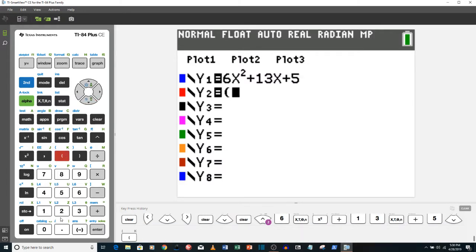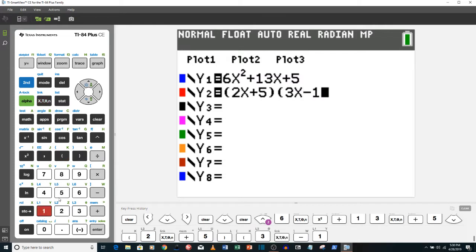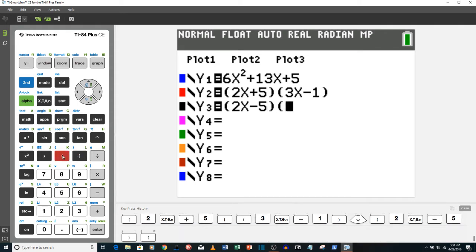Open paren, 2x plus 5, close paren, open paren, 3x minus 1, close paren, down arrow, open paren, 2x minus 5, close paren, open paren, 3x plus 1. I'm just pulling these answers from the answer choices, and now I'm on to answer choice C.